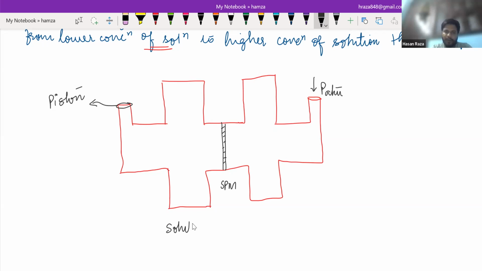Also, on the left chamber, this is solution, and on the right chamber, only pure solvent is present. So please write it and let me know when you are done with this diagram.